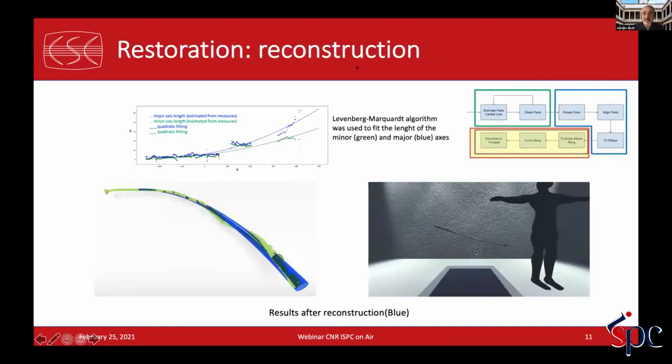In the last step, reconstruction, the major and minor axes of the elliptical sections are fitted by a quadratic function. You can see in this graph the length of the axes with points and the quadratic fitting curves in a continuous line.